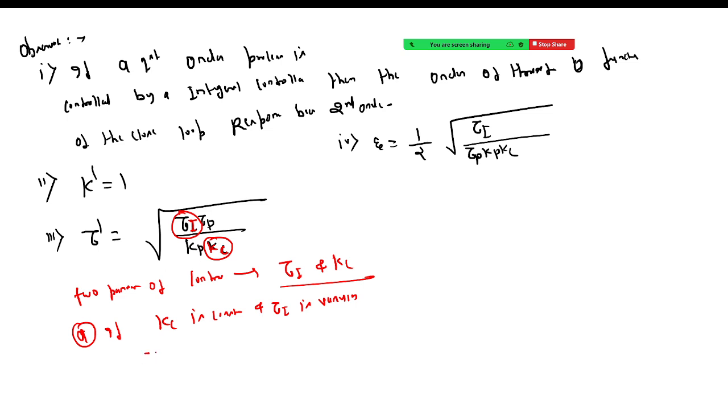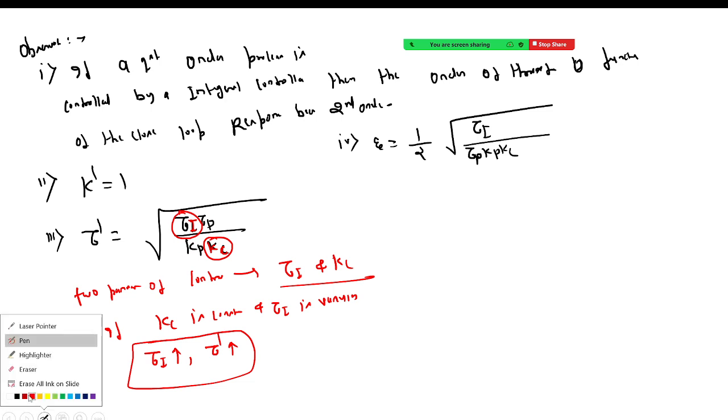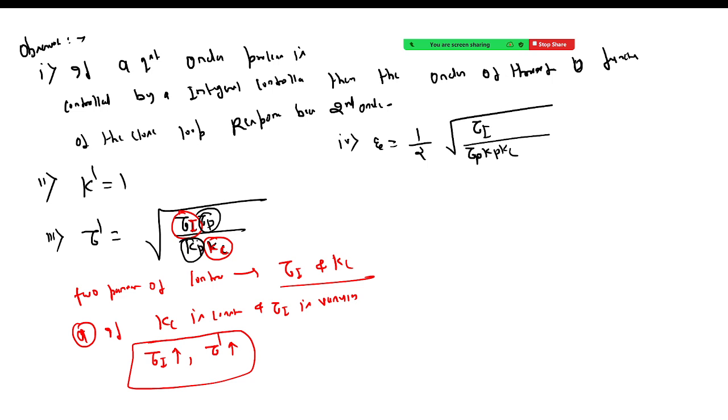If tau I increases, your tau dash will also increase. Is it clear? Since tau p and kp will be constant, because these are the parameters of the process. So the process will be the same.